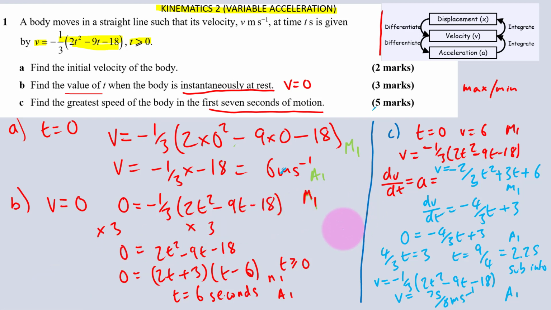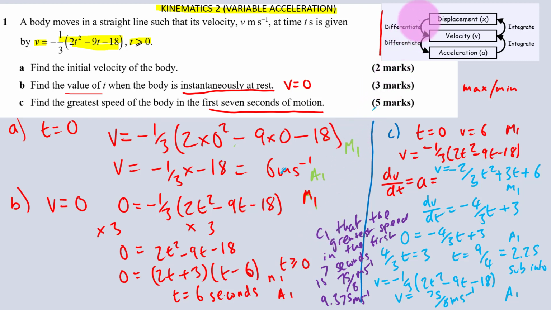So you need to conclude that the greatest speed in the first 7 seconds is 75 over 8 meters per second, or you could round it to 9.375 as an exact answer, or just round it to 3 significant figures, and that will give you your C1 mark. So that's an easy 5 out of 5.